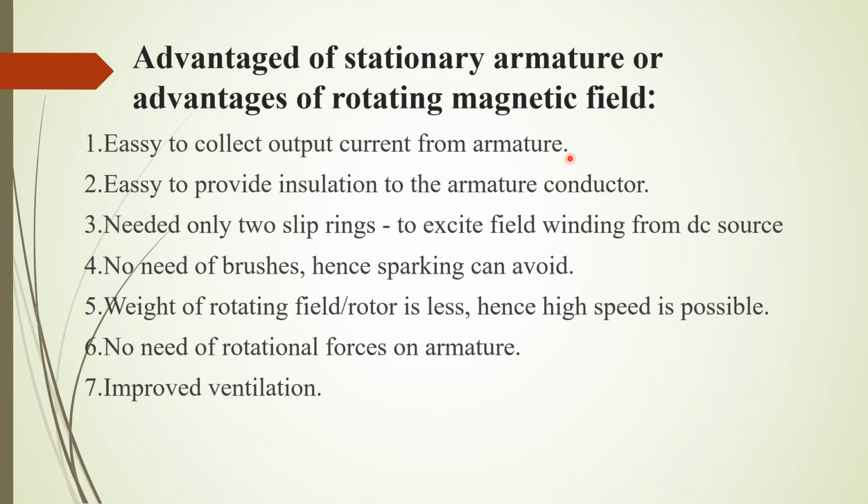We know that the armature is kept outside and the field system is rotating inside the armature. In every case the current is generated in the armature, even in DC machines or AC machines. So we need to collect the current from the armature.